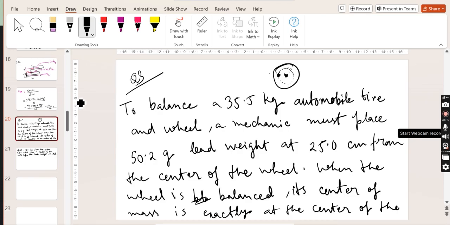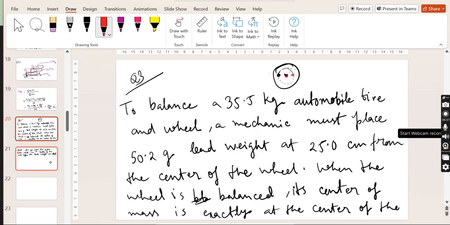At first the center of mass will be somewhere here. Before it was here, we put a ball here, then it became here. From that, we know that the current center of mass should be in between the previous center of mass and the center of mass of the ball.